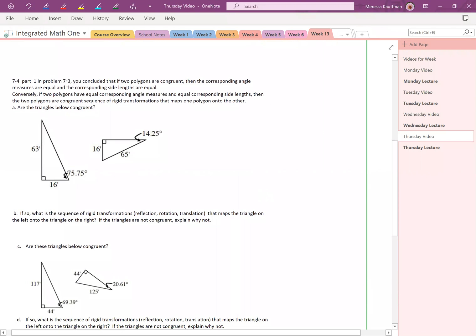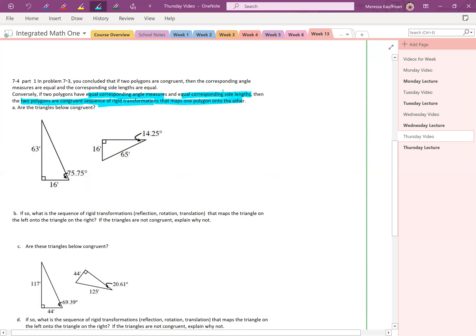So the next question tells us that if two polygons are congruent, then the corresponding angle measures are equal and the corresponding side lengths are equal. Conversely, if two polygons have equal corresponding angle measures and side lengths, then we can say that the two polygons are congruent with a sequence of rigid transformations where they map onto each other.